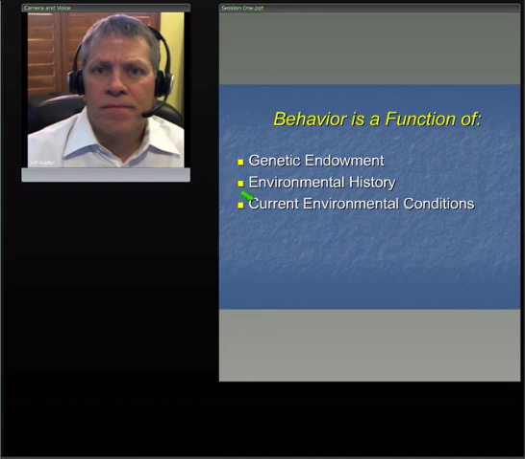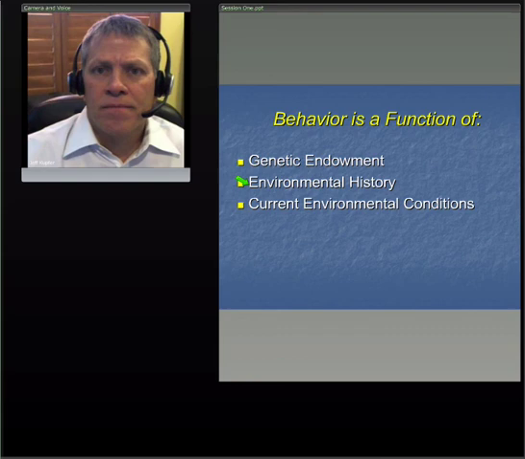And it shows that the science of behavior is starting to merge with some of the more traditional natural sciences, such as genetics and biology. Finally, the current environmental conditions. What is happening here and now that currently influences the behavior of the individuals? And when we look at all three of these things, all of them are extremely important in determining behavior.